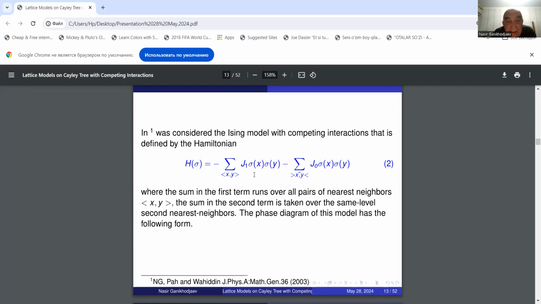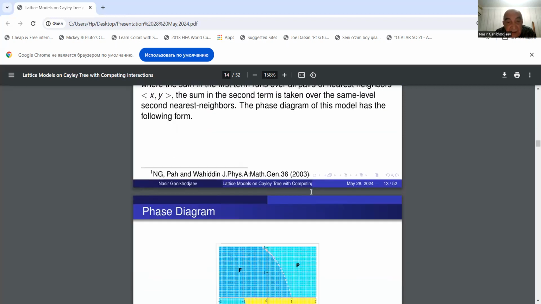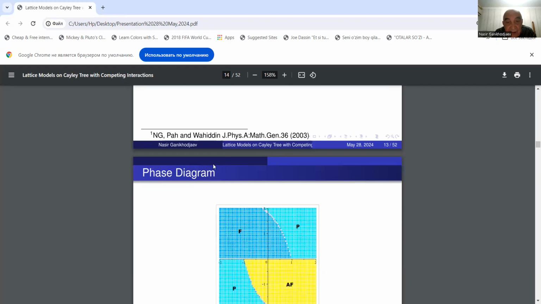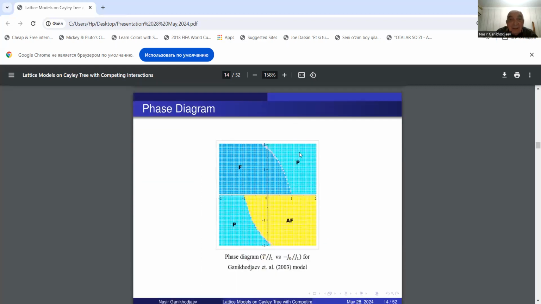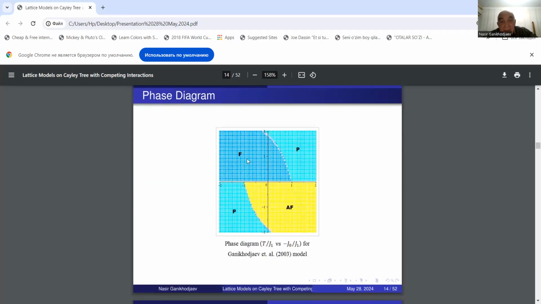So that is the interaction of nearest neighbors and interaction of one-level second neighbors. Then the phase diagram has, as I mentioned above, this form. That is, we have three types of phases: ferromagnetic, paramagnetic, where magnetization is 0, and anti-ferromagnetic, with period 2. That is a rather simple phase diagram here.